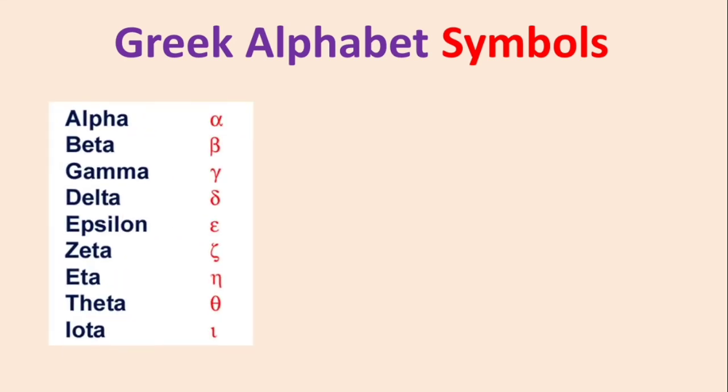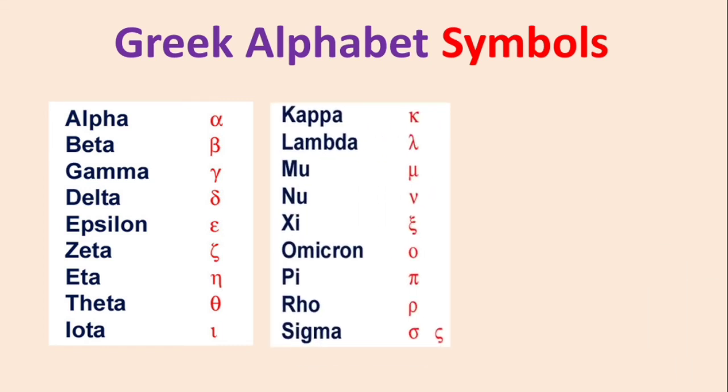Thereafter in this video, we are going to look at some Greek alphabet symbols. First is alpha, second is beta, third is gamma. Then after that, the symbol is of delta, then epsilon, zeta, then eta, theta and iota.